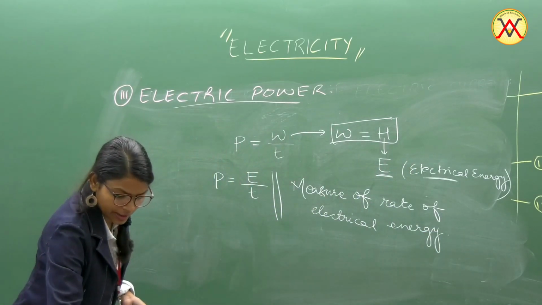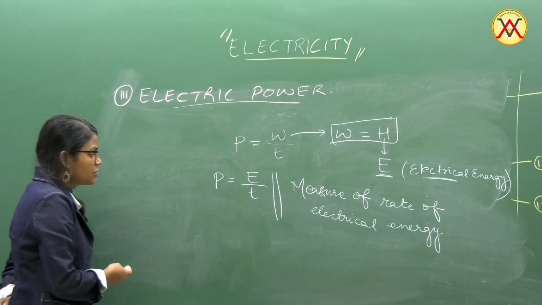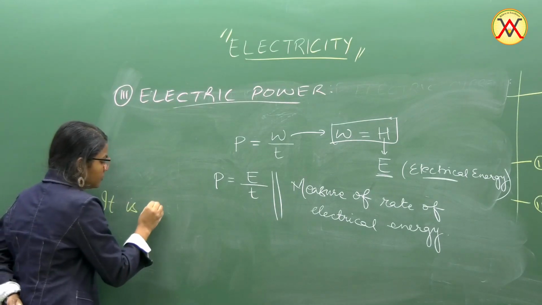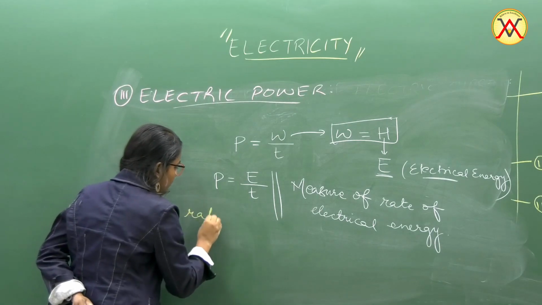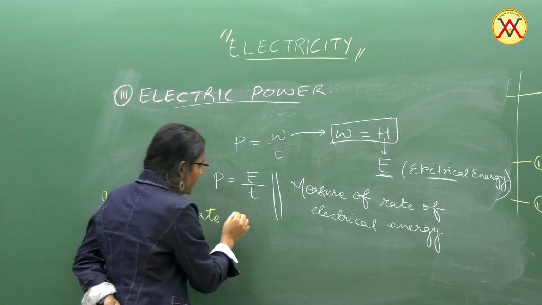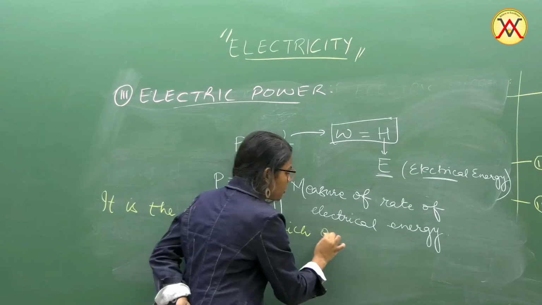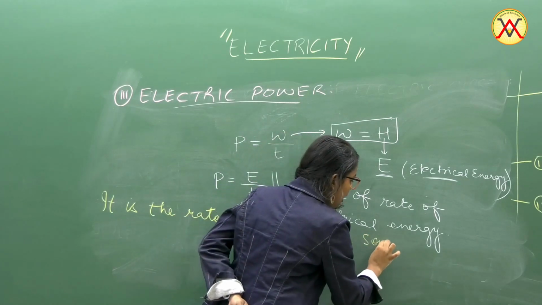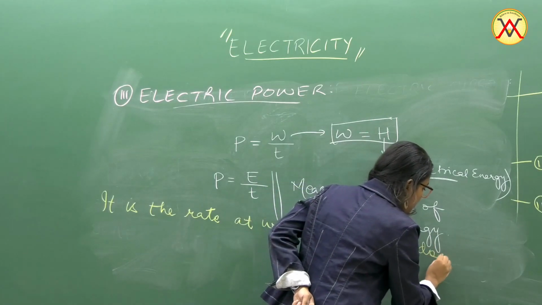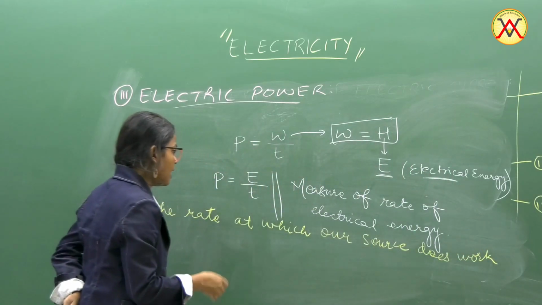Also, if we take the normal definition of power, we shall say that it is the rate at which our source, be it battery or AC source, does work, but in what?